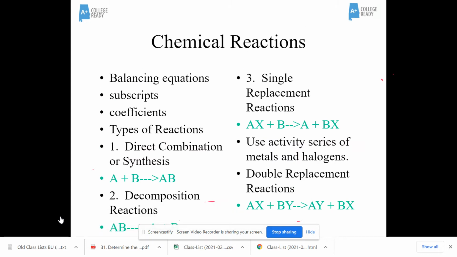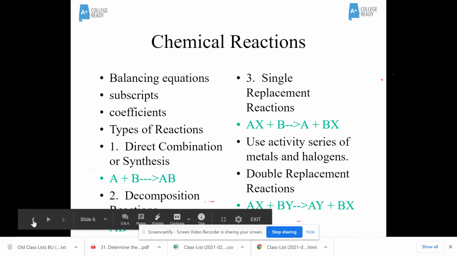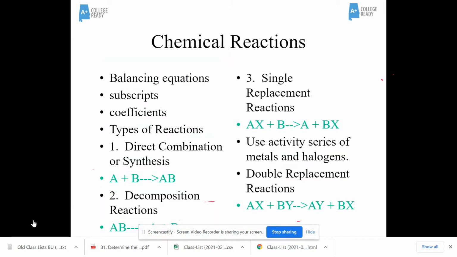Types of reactions, we're just going to touch on these today. There are direct combination reactions or synthesis reactions where we take 2 things and make 1, right? Synthesize, put 2 things together to make 1. There are decomposition reactions. And this is where I take one thing and split it into two. There are single replacement.